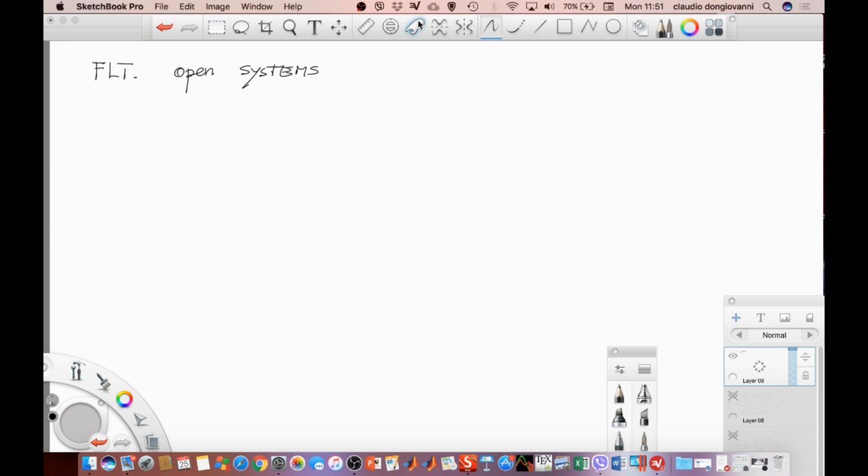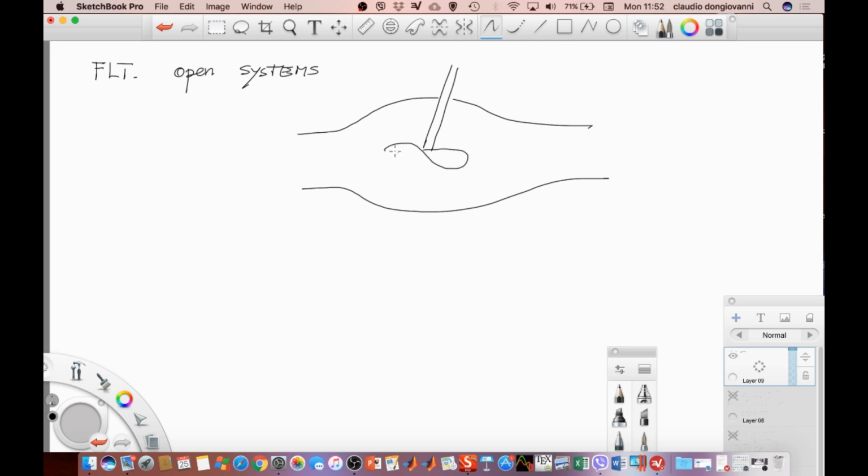If you remember probably the sketch of this system, usually of this type, you have a system, this is the boundary of our system, where we have a flux of fluid from the inlet to the outlet.